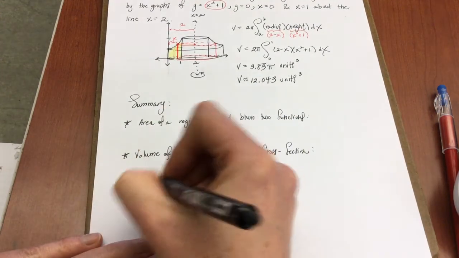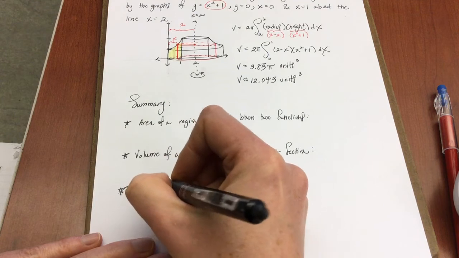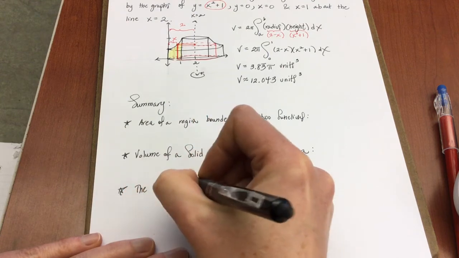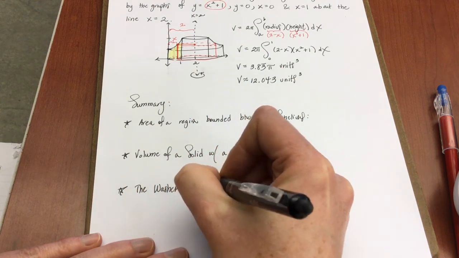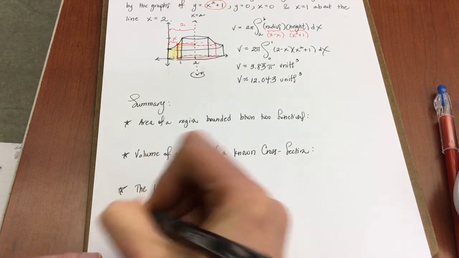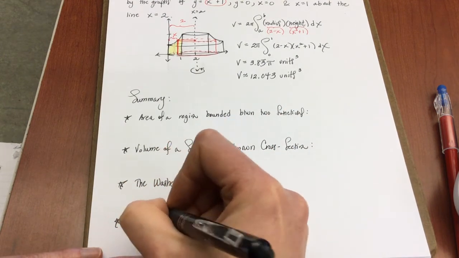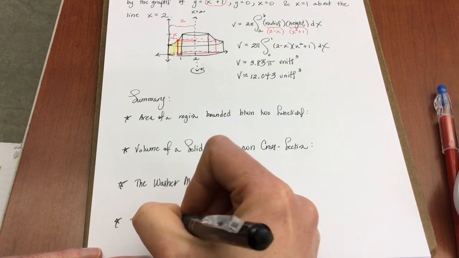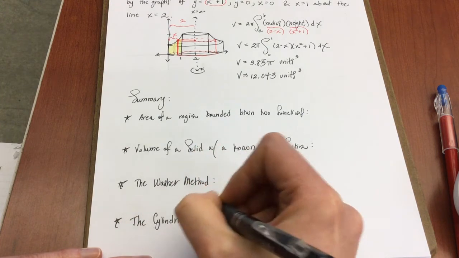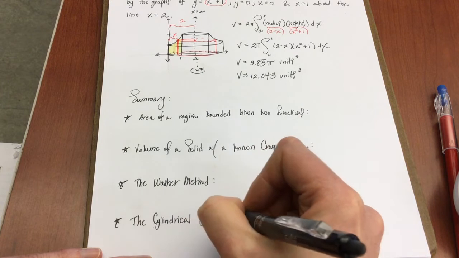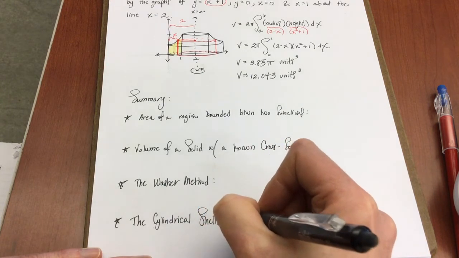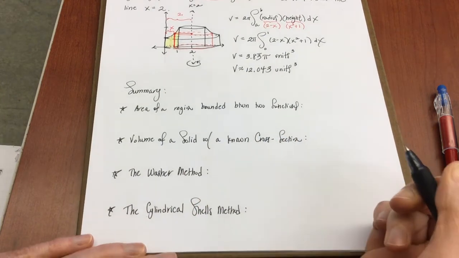There is the washer method. And there is the cylindrical shells method.